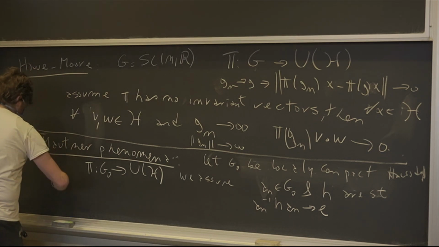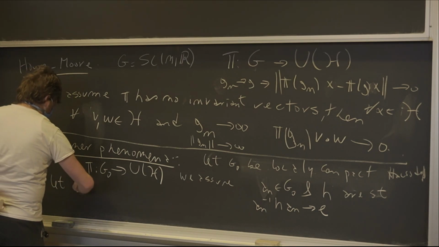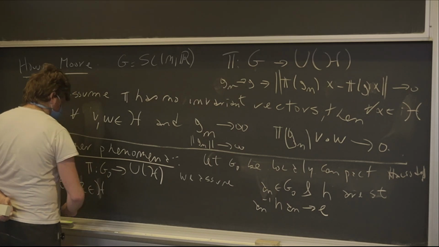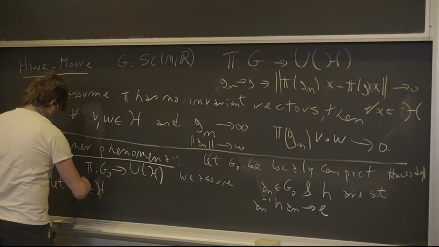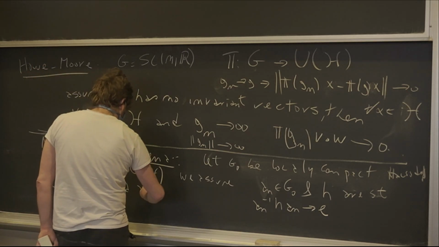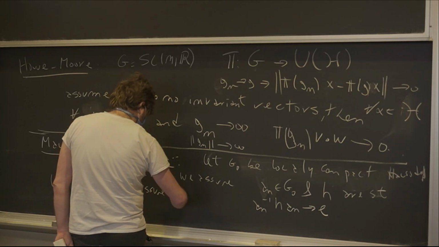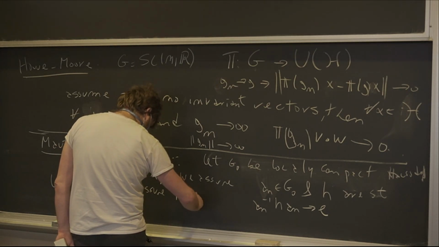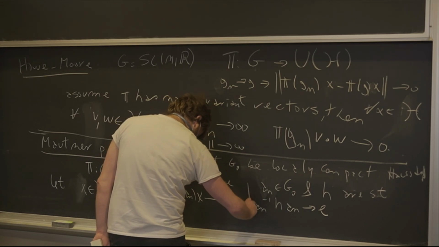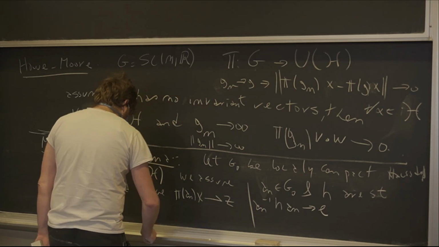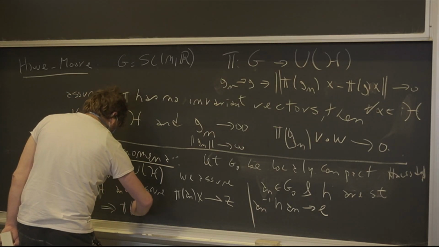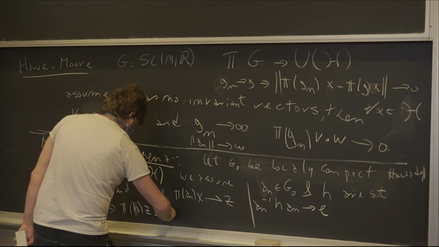Now let x belong to H, be any vector, and assume pi(a_n)(x) goes weakly to some vector z. Then pi_H(z) equals z.